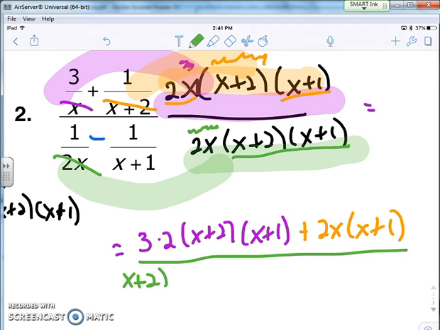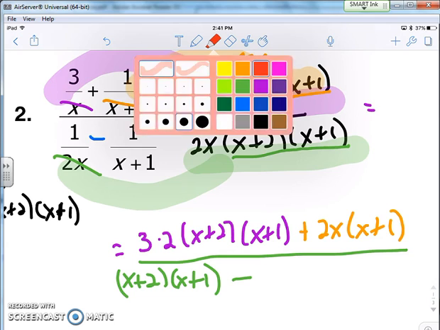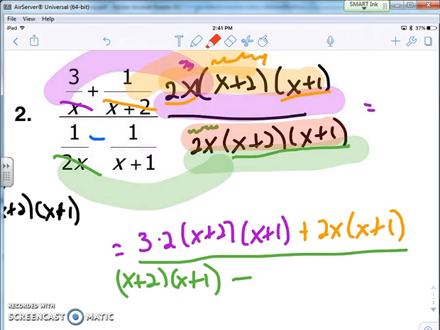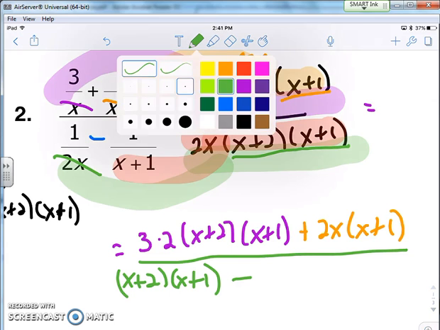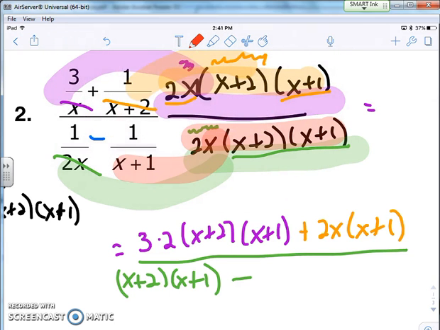X plus 2 times x plus 1, and we're going to have a minus, and let's use red. I'm going to distribute this into there, and the x plus 1 is going to go away, and I'll be left with 2x and x plus 2.